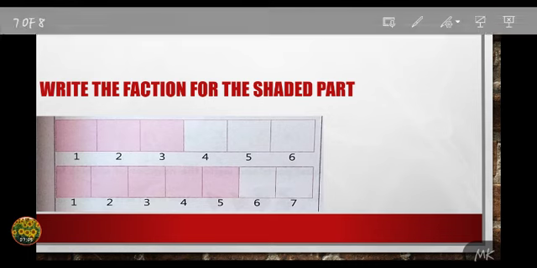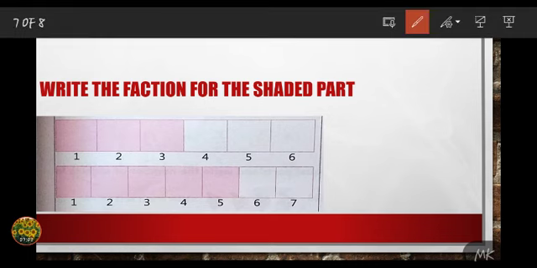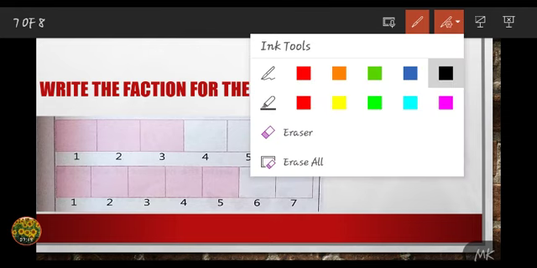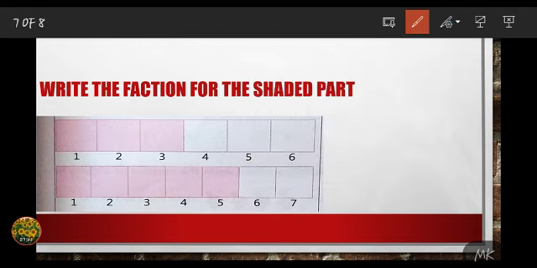Now write the fraction for the shaded part. Here two examples are given. In these examples we have to write the fraction of the shaded part. So how will we write it? Let's have the first example. In this, how many shaded parts do we have? 1, 2 and 3. 3 parts are shaded.